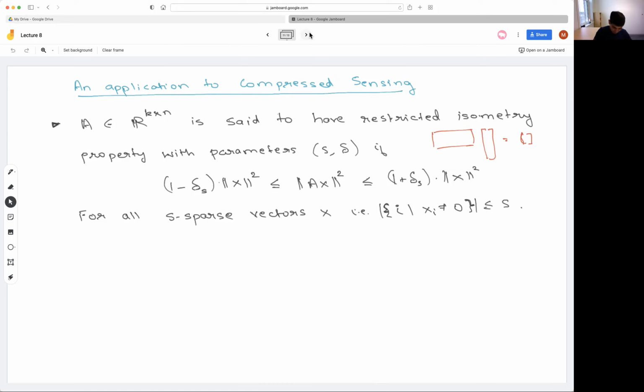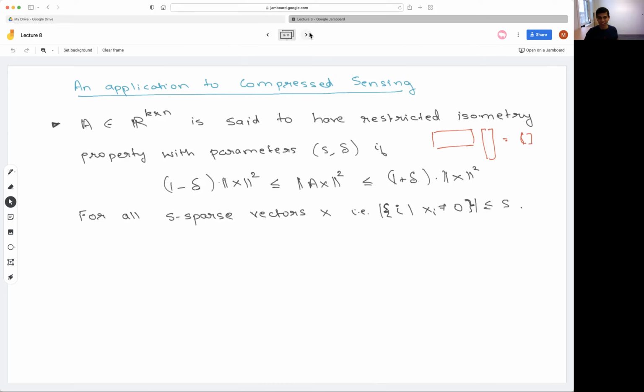So we'll say that it preserves it up to an error delta if the length, let's say squared, doesn't change by more than a factor of 1 plus or minus delta. So it grows by at most 1 plus delta, or it shrinks by no more than 1 minus delta. Okay. And this is what's called the restricted isometry property.